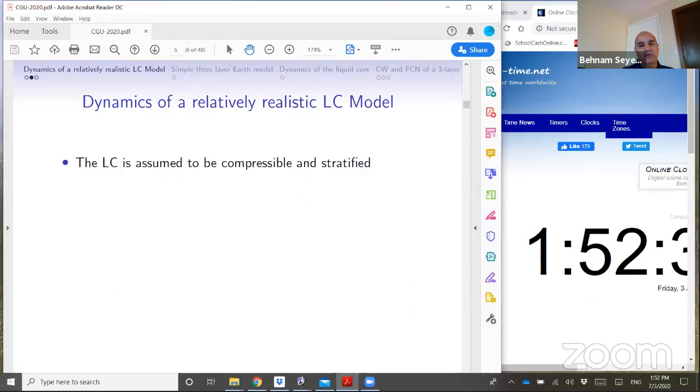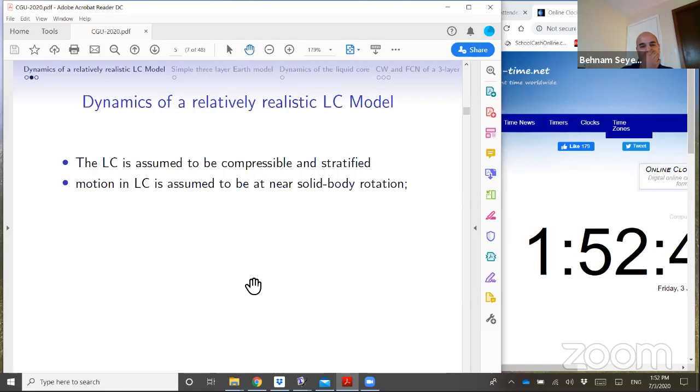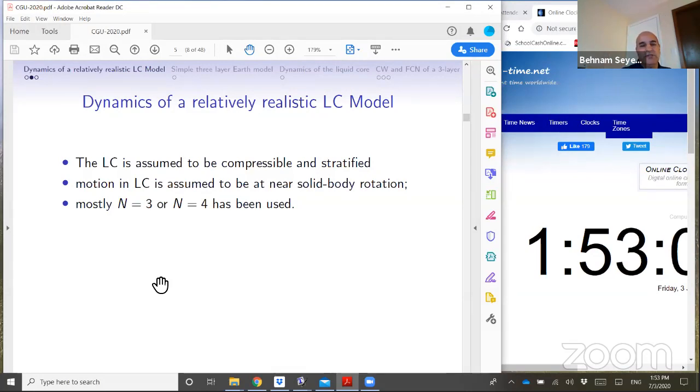For this model, the liquid core is assumed to be compressible, with small compressibility, and stratified, and the motion is assumed to be near solid body rotation, so U is very small. But up to now, only n equals 3, so only 3 or 4 terms in the expansion are considered, not that many.